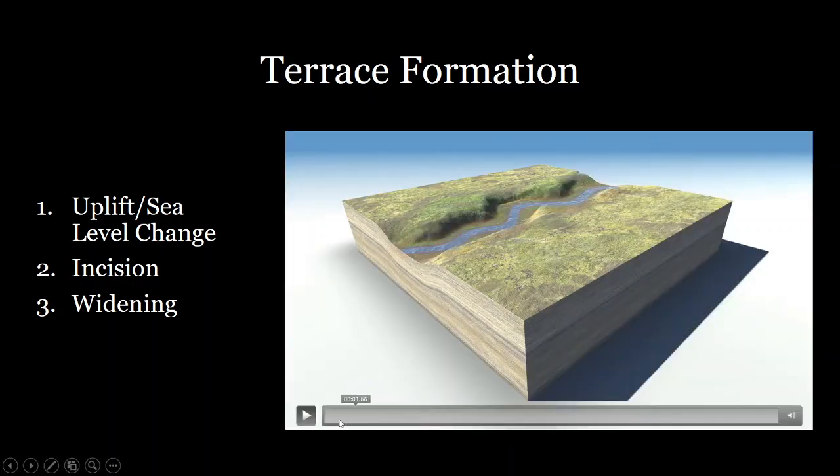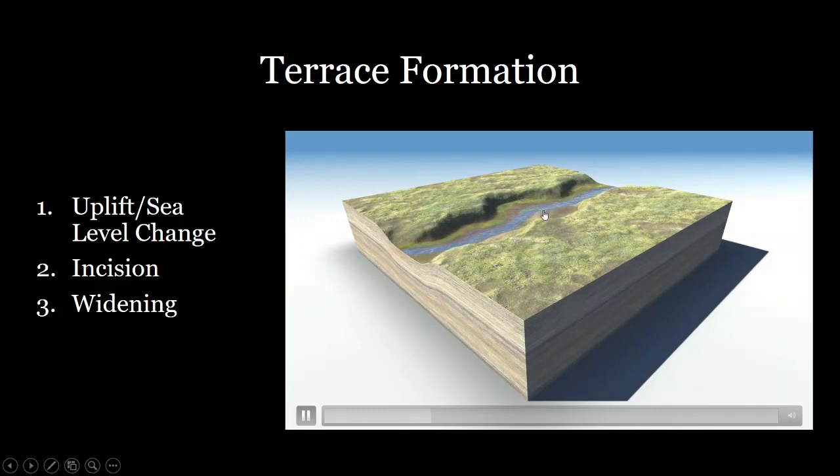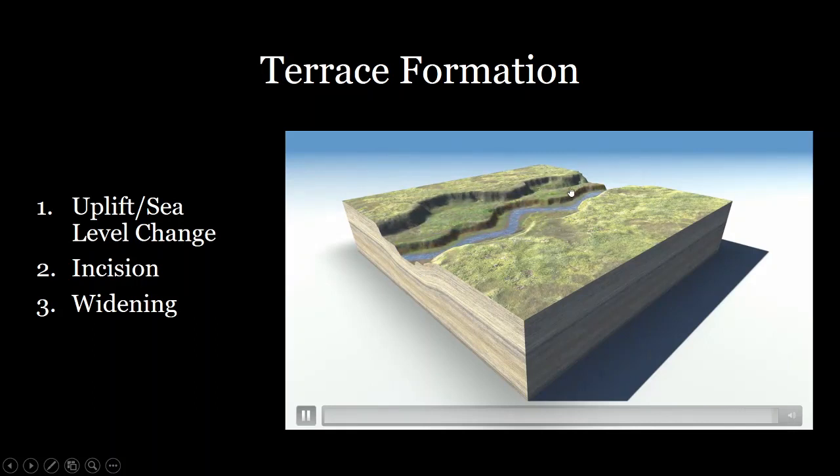You can see a model simulation of that here, where this river is moving back and forth, widening its valley, and then it eventually experiences some amount of uplift or sea level change, and you can see here that it then starts to incise, and then it'll form this new terrace surface as it widens that new floodplain area.